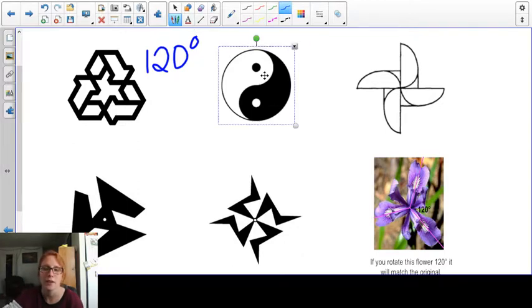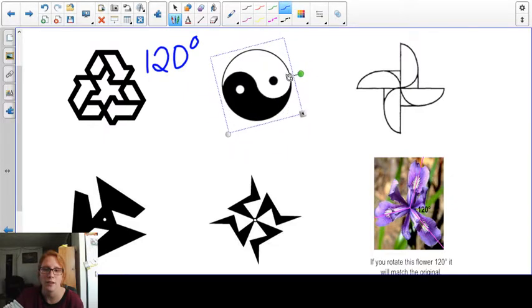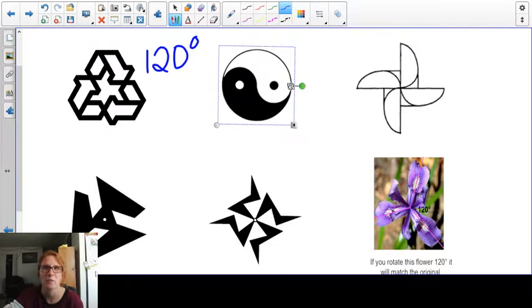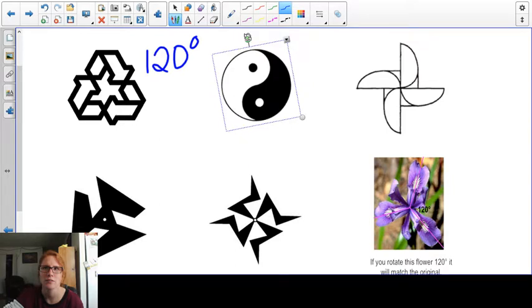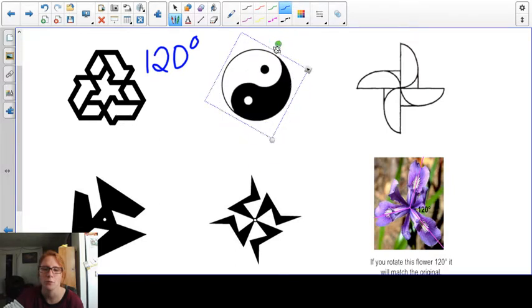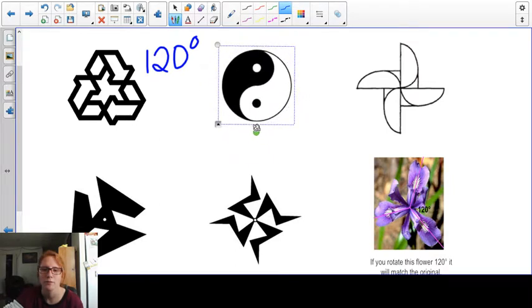Let's take a look at my yin yang. If I just rotate it like this, is my shape the same as when I started? No, but what happens when I go even more? Granted, someone pointed out in class that the colors aren't in the same spot. You're correct. The colors aren't necessarily in the same spot, but the shape itself, if I were to take out the black parts and just leave everything white minus the outline, has rotational symmetry of 180 degrees.